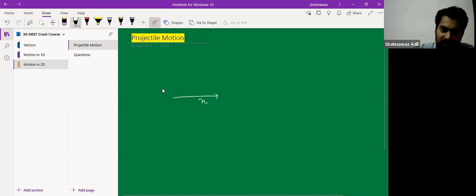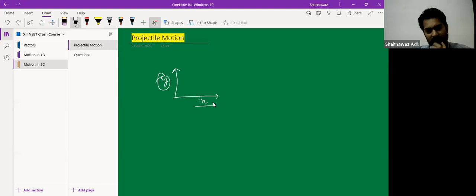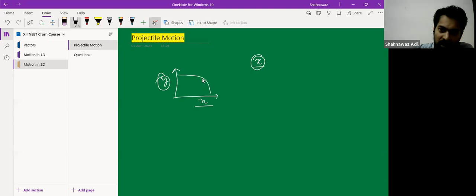Your X and Y distance, right? So in earlier classes for the motion in 1D, we had only one parameter X, right? And now to describe a motion in 2D, you will have to assign two parameters, the distance in the X direction and the distance in the Y direction, right?